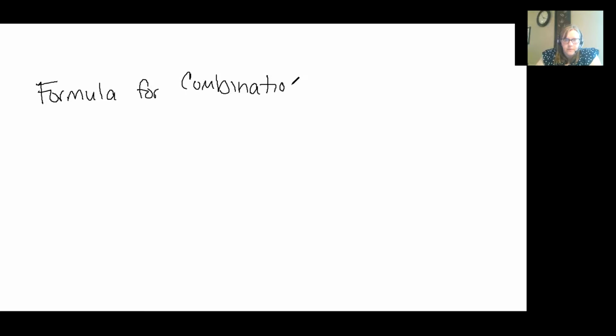Okay, so that's the general idea between combinations and permutations. And so now we're going to work some actual calculations using them. Okay. All right, so your formula for combinations.